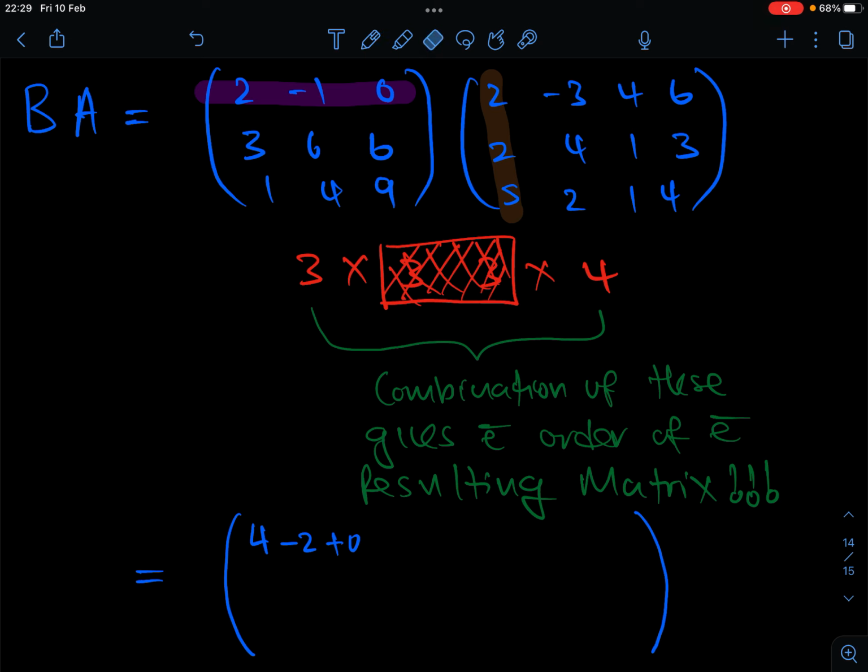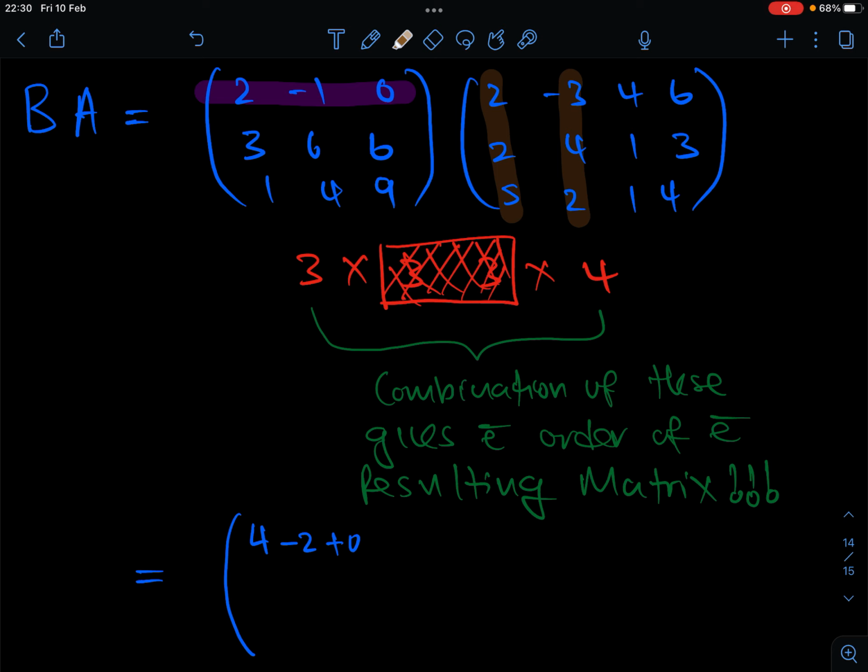Then I proceed again following the same steps. So what I do now is I keep my row in my first matrix, but I shift to a new column in the second matrix. You see that? So I repeat the procedure.